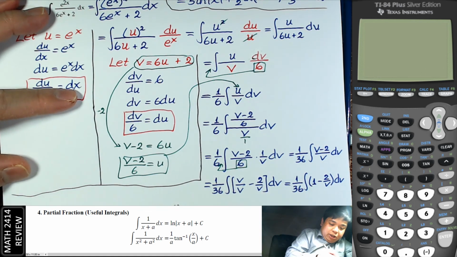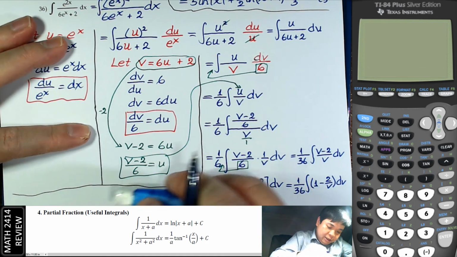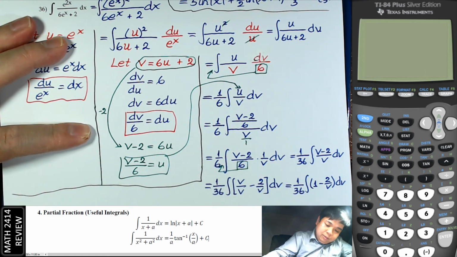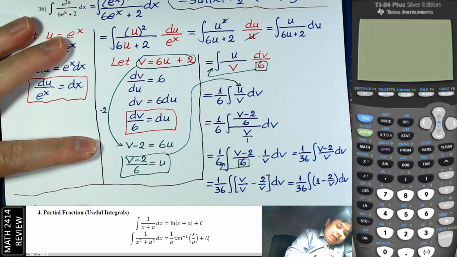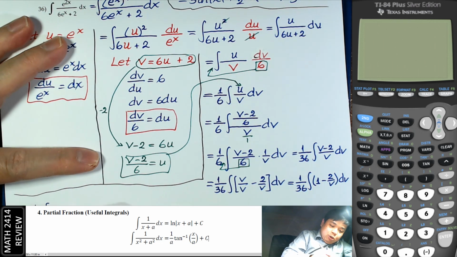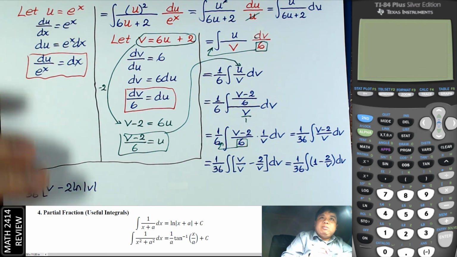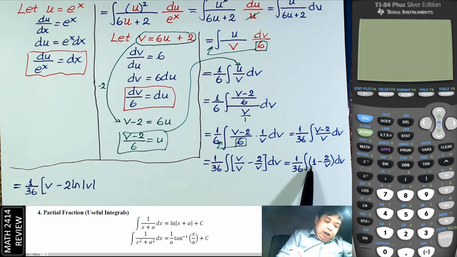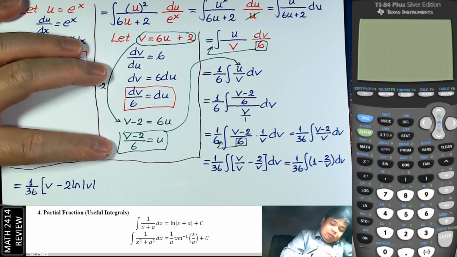Right, I will continue from here. 1 over 36 times the integral of 1 with respect to v, it's just v, and 2 over v is 2 ln of absolute value of v. Okay, that's what we have. The integral of 1 is v, the integral of 2 over v is 2 ln of v.